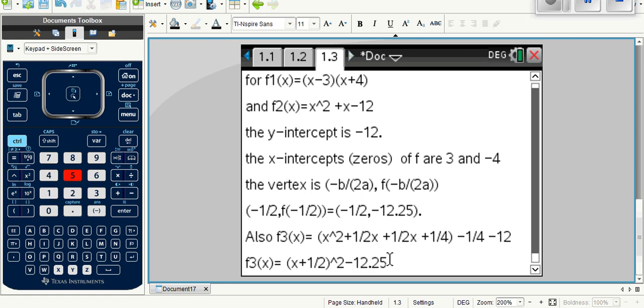Or like this. So this right here is the vertex. And so this is transform form. The transform form is also called the vertex form when you're dealing with quadratics.